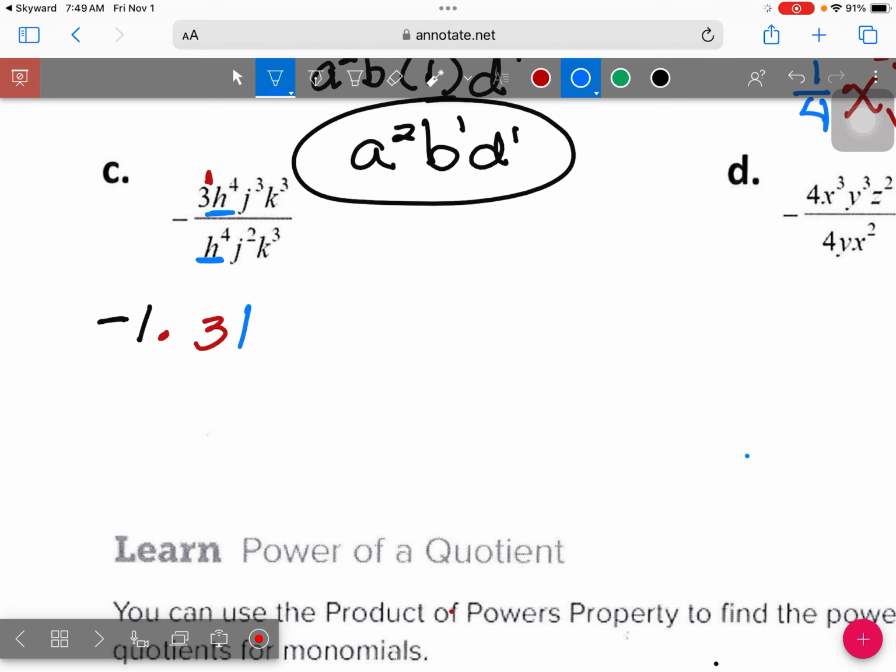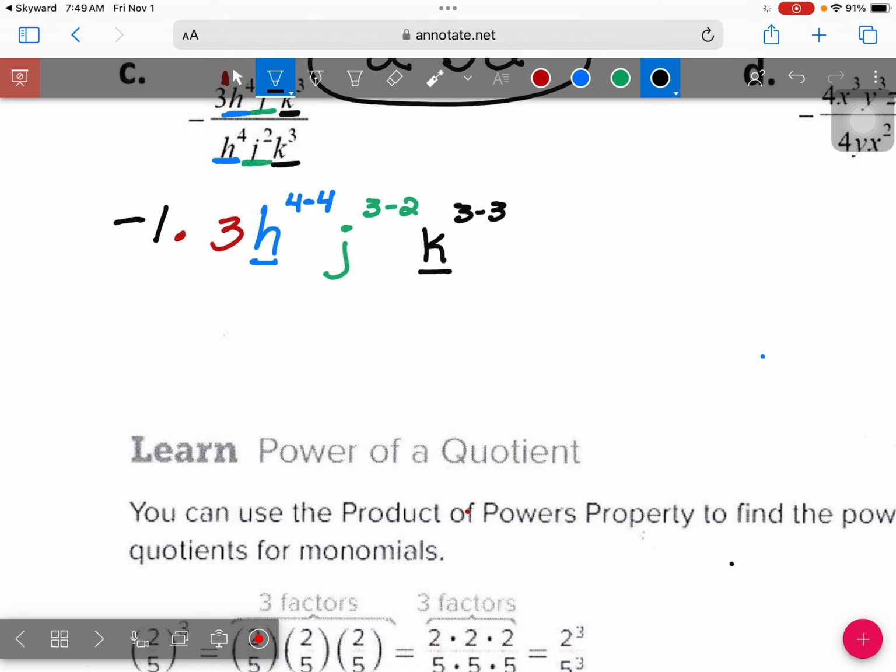So we could do h, because you keep the base, and you subtract the exponents. Then I've got j to the 3rd divided by j to the 2nd. You keep that base and you subtract the exponents. And finally, we have k to the 3rd divided by k to the 3rd. You keep the base, subtract the exponents.